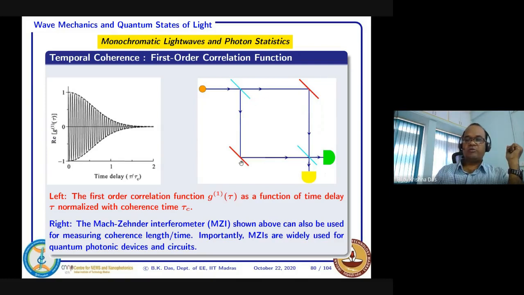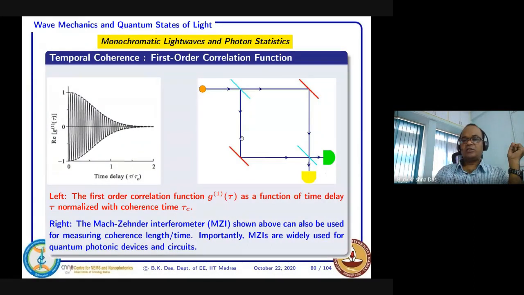But whenever it comes here and interferes again in this beam splitter, the situation is like it was classically: if one detector sees bright, another detector will see dark, depending on the path length. Here also you will see the photon either in one detector or the other. If it is detected here, it will be missing there.